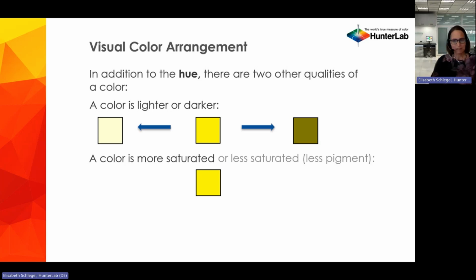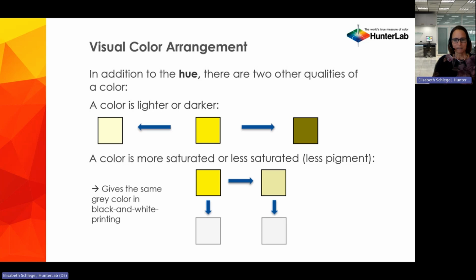If I show a less saturated color here, it seems a little bit lighter, but actually it's the same darkness. If I would print these 2 colors in grayscale, I would get the same gray, but that color is more saturated than this one here. So we have the saturation as well. These are the 3 elements to characterize a color: the hue, the lightness, and the saturation.